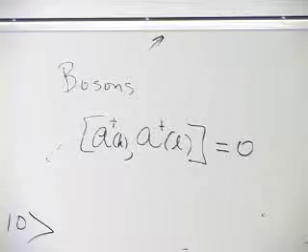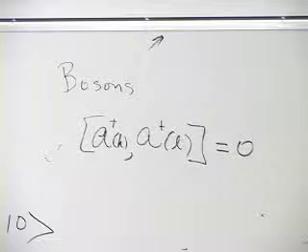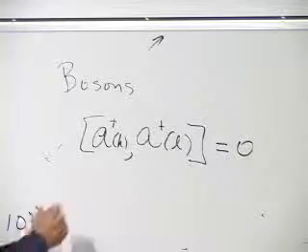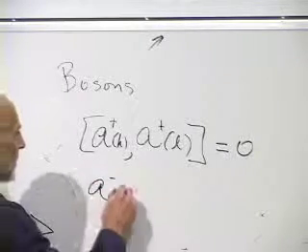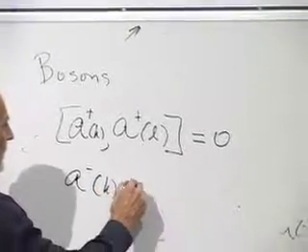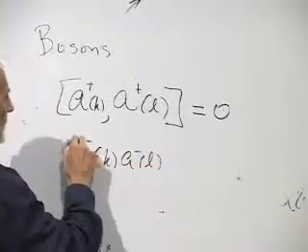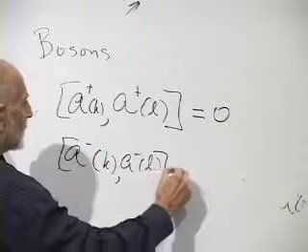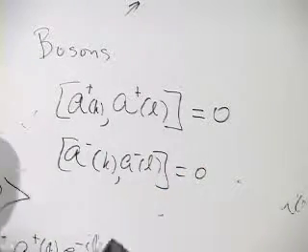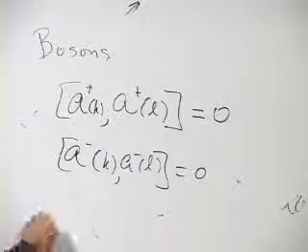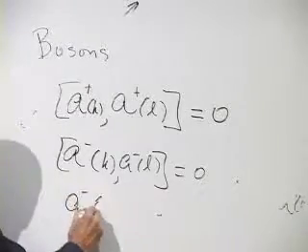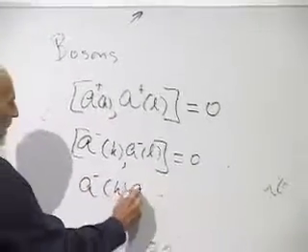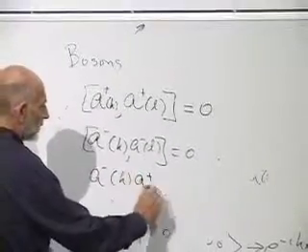That's true if k equals L or k doesn't equal L. Same thing with the annihilation operators. But an annihilation operator with a creation operator, they do not commute.